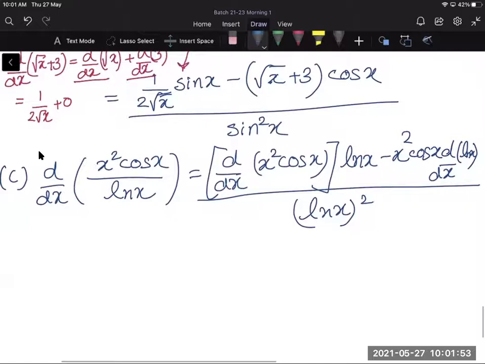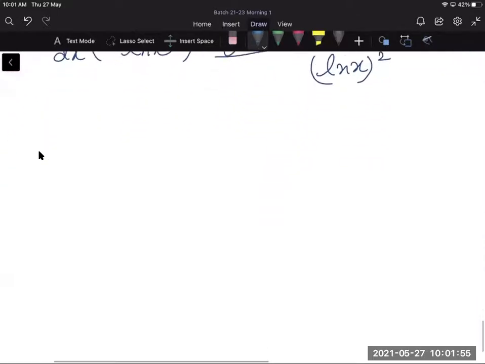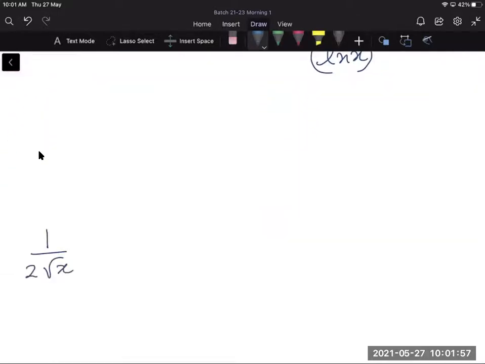So let me write it here. 1 by 2 root x you can write as 1 by 2 x raised to the power minus 1 by 2, or you can write as 1 by 2 x raised to the power 1 by 2. Whenever you introduce a negative sign in the exponent, you are actually taking it from the denominator to the numerator or the other way around.